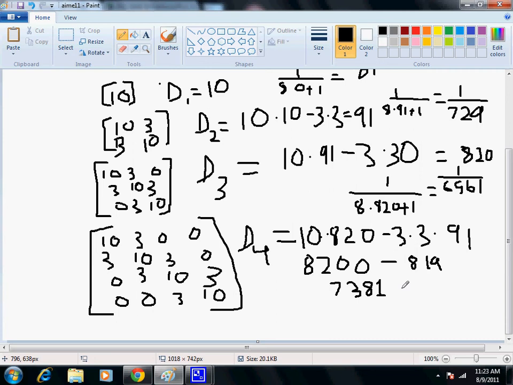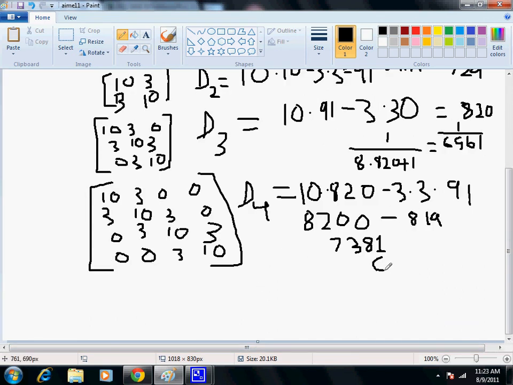So 7381, and then if you multiply that by 8, you get 59048, and then you add 1, so this becomes 59049, which if you check is 9 times this.